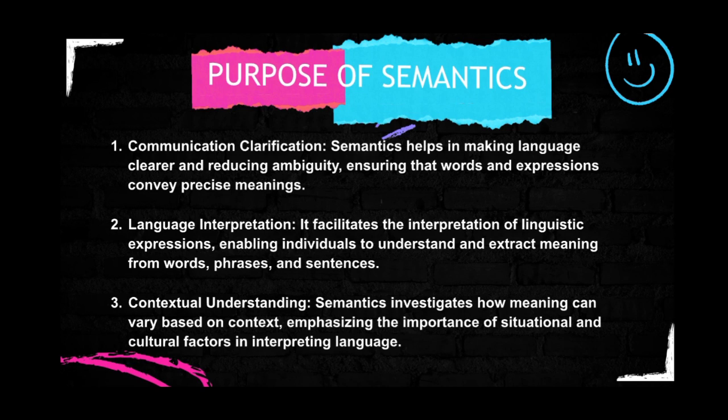It facilitates the interpretation of linguistic expressions, enabling individuals to understand and extract meaning from words, phrases, and sentences. And then we have contextual understanding. Semantics investigates how meaning can vary based on context, emphasizing the importance of situational and cultural factors in interpreting language.